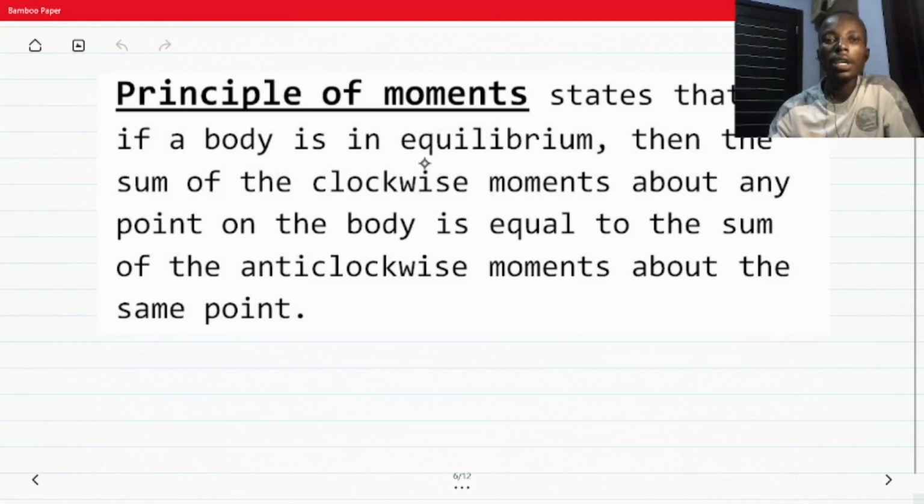So if a body is in equilibrium, then the sum of the clockwise moments about any point on the body is equal to the sum of the anti-clockwise moments about the same point. So this principle is important to what we are going to do here today. So let's get to the examples.